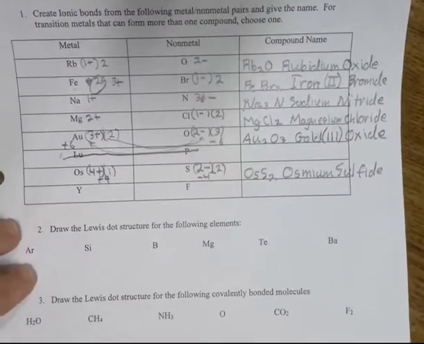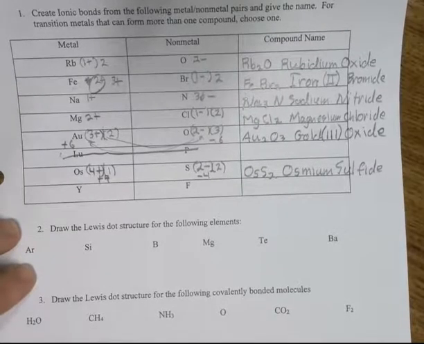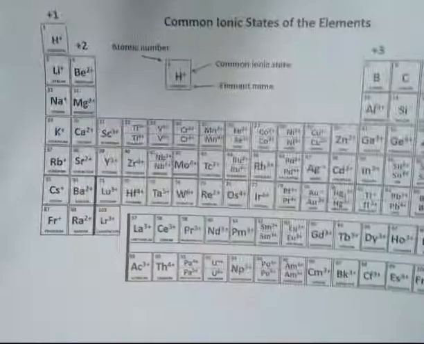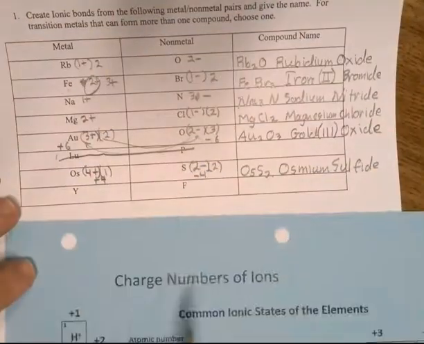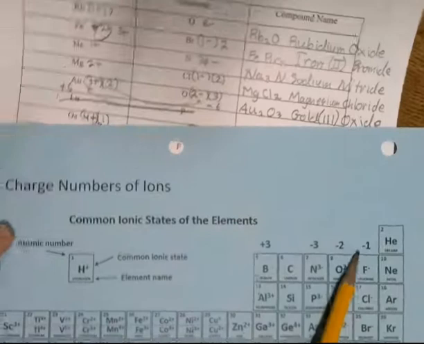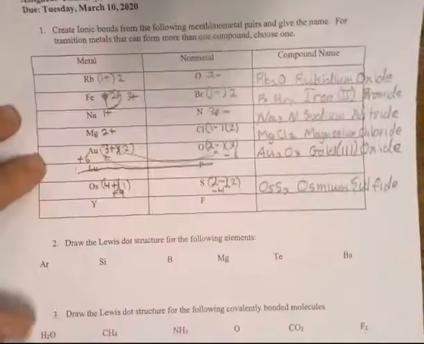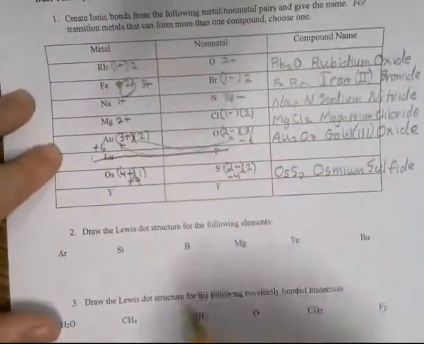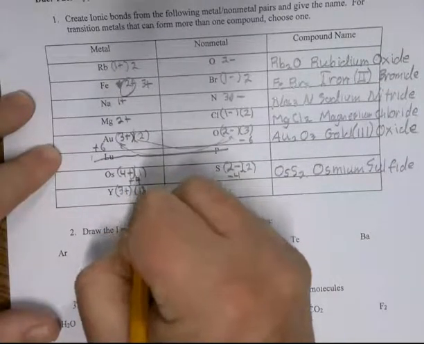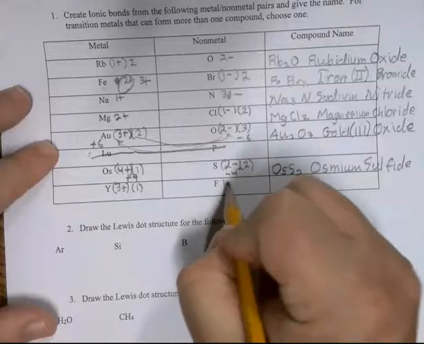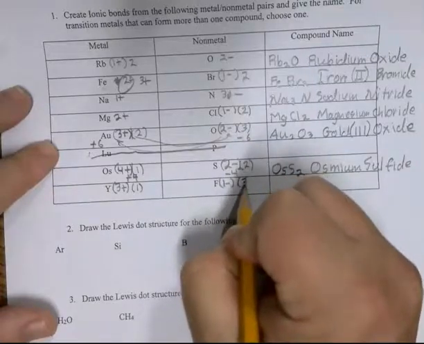Okay, finally, these are some oddball elements that you hardly ever see. Yttrium is a 3+, and fluorine is a 1-. So we're going to put a 3+ times 1, 1- times 3 to balance out.